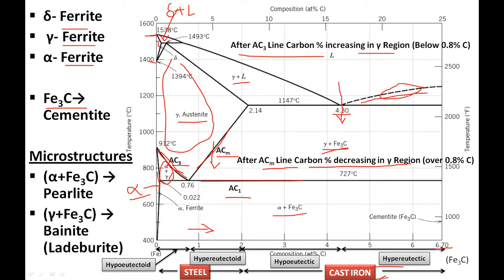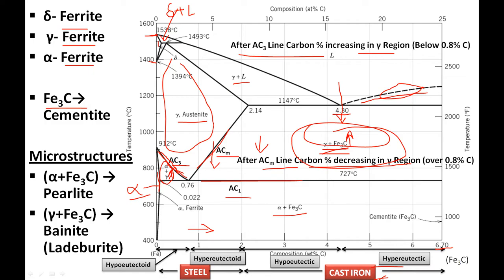Here carbon percentage is increasing in gamma, but here it is decreasing in gamma. That means carbon percentage is increasing in the Fe3C region, because two phases are present, gamma and Fe3C. If carbon percent decreases in gamma, it increases in Fe3C. Simple.